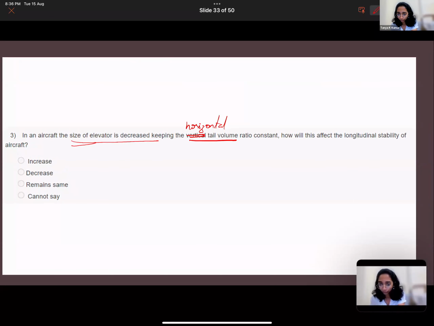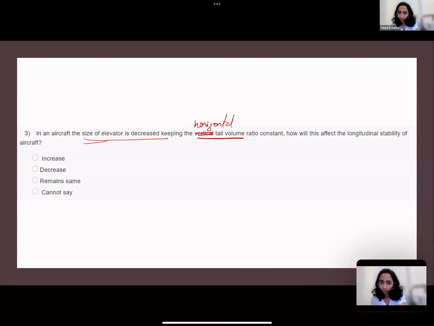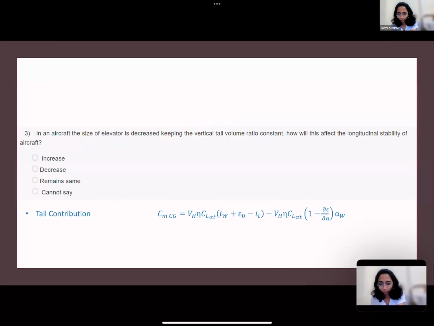How will the longitudinal stability of the aircraft change? So this is the tail contribution. Only this part contributes towards stability. This is the Cm alpha contribution of the tail. So now tell me, in this equation, what is the horizontal tail volume ratio?